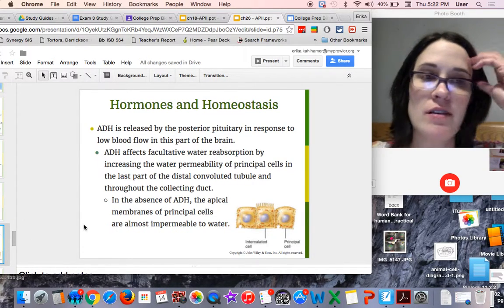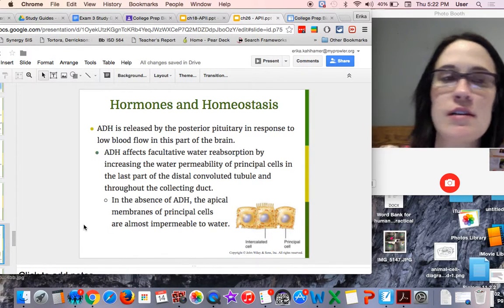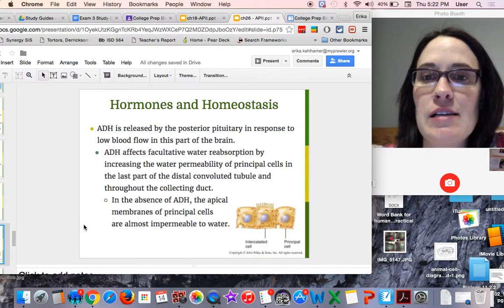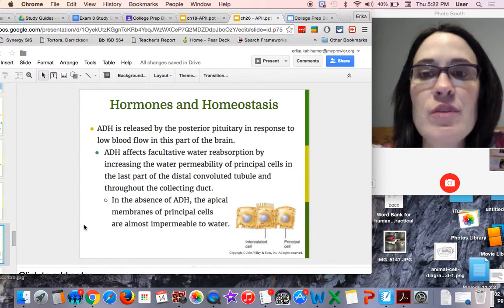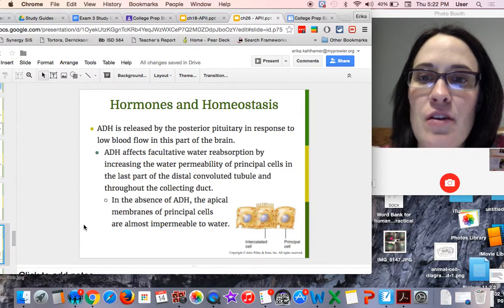A little bit about hormones. We talked about these in the endocrine system. The antidiuretic hormone is released from the posterior pituitary, like we talked about, in response to low blood flow, so low blood pressure. What happens?